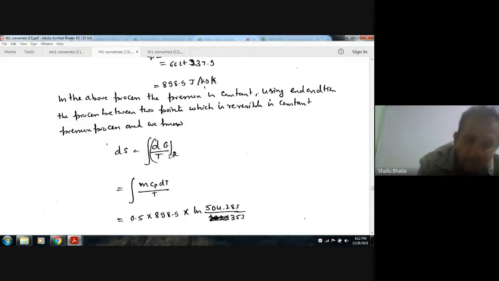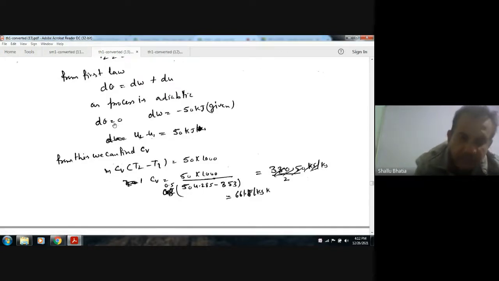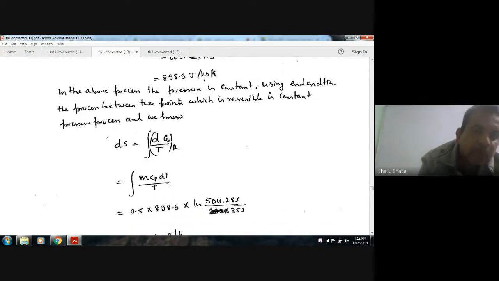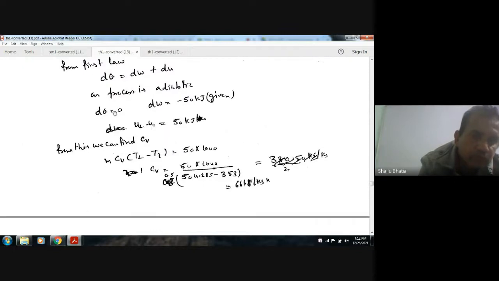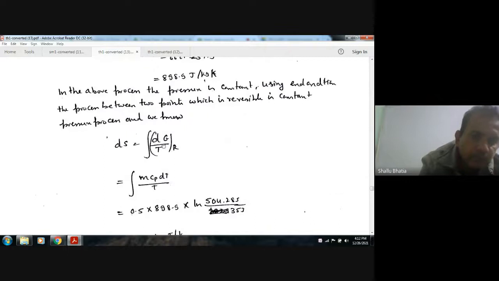Here the process is adiabatic, but it is not reversible. So here dQ is 0, but the dQ we are taking here is according to a reversible process, and for a reversible constant pressure process, dQ is m Cp dT. That is the difference.